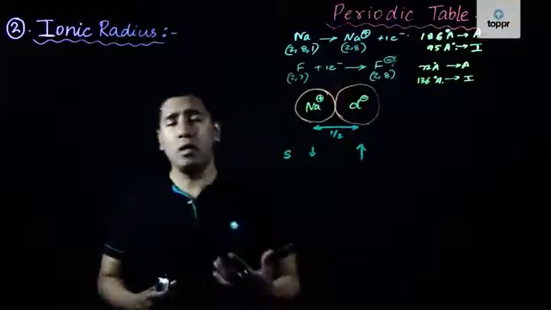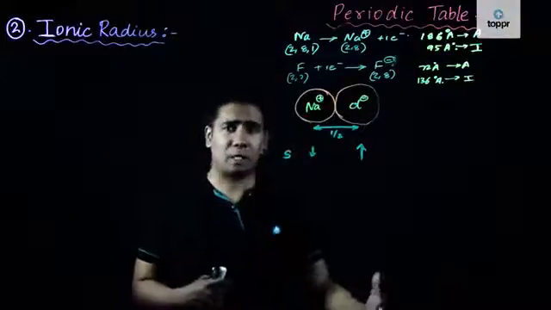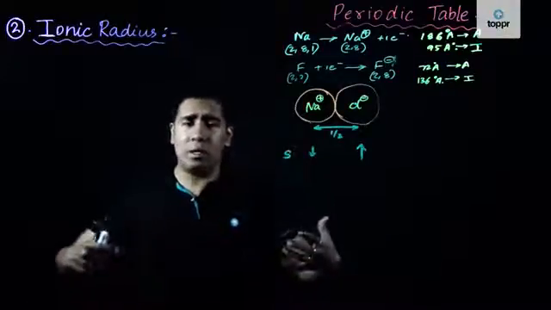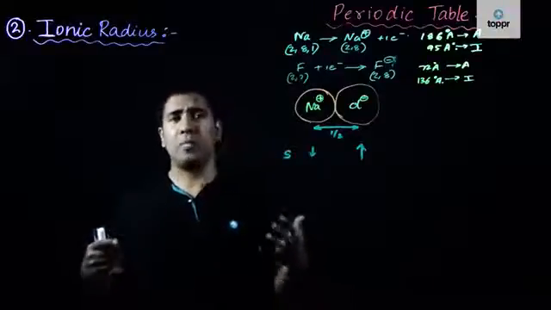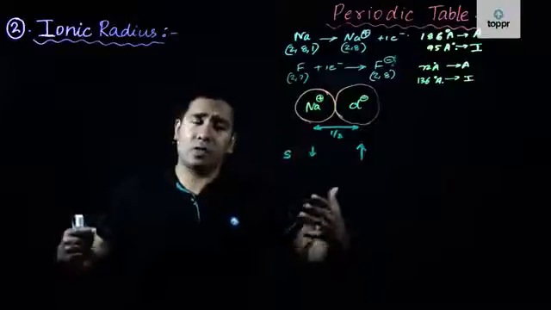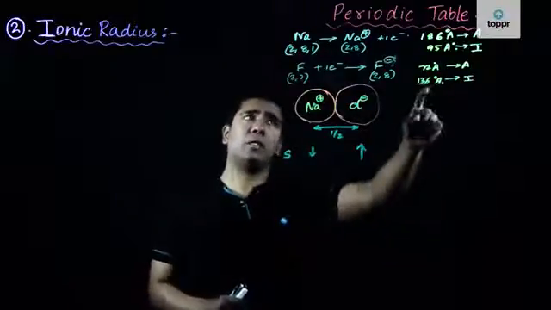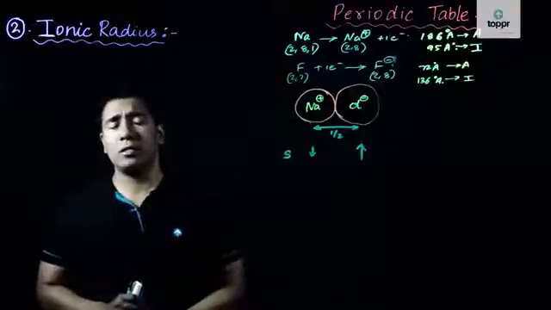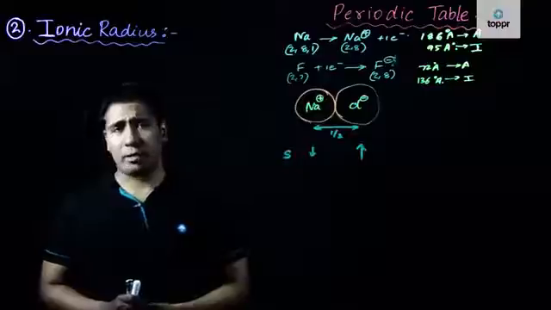As you guys know, all these systems naturally want to go from an unstable state to a stable state. So to become more stable, the electrons repel each other to such an extent that the ionic size increases as much as possible. Hence this explains that the ionic size in the case of fluorine is much greater than the atomic size.